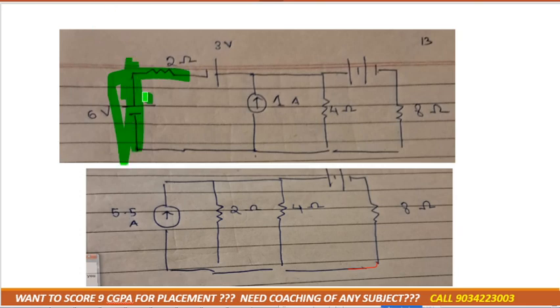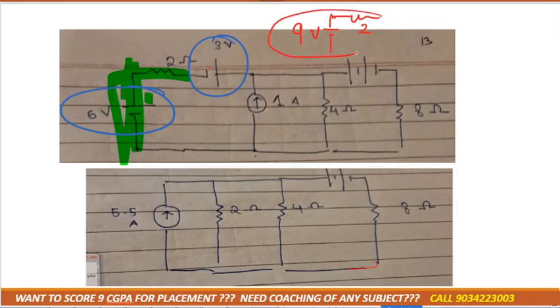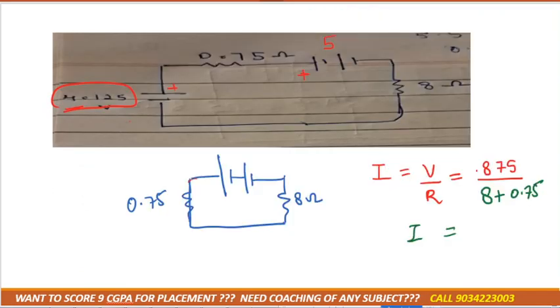Now again you can see that the 6 volt and 3 volt sources are connected in series, so it would be 6 plus 3, that is 9 volt in series with the resistance of 2. Again, a voltage source connected in series with a resistance can be converted into a current source, right? Again the current source is in parallel with the resistance, so it can be converted back to a voltage source.